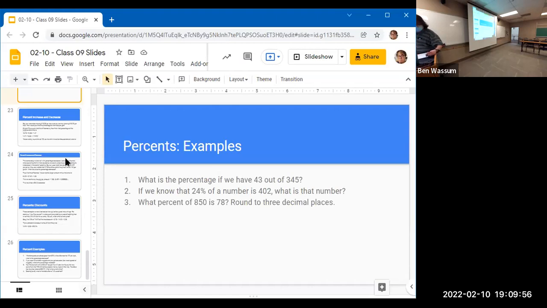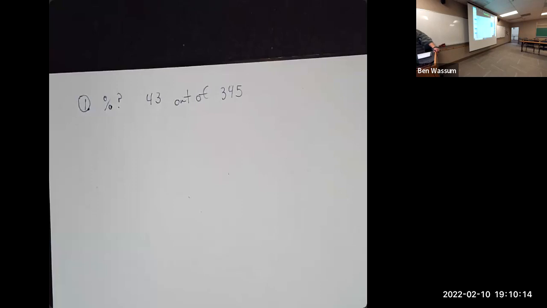So what is the percentage if we have 43 out of 345? Well, percentage times whole is equal to part. We know both of these pieces, so we can easily find this one.